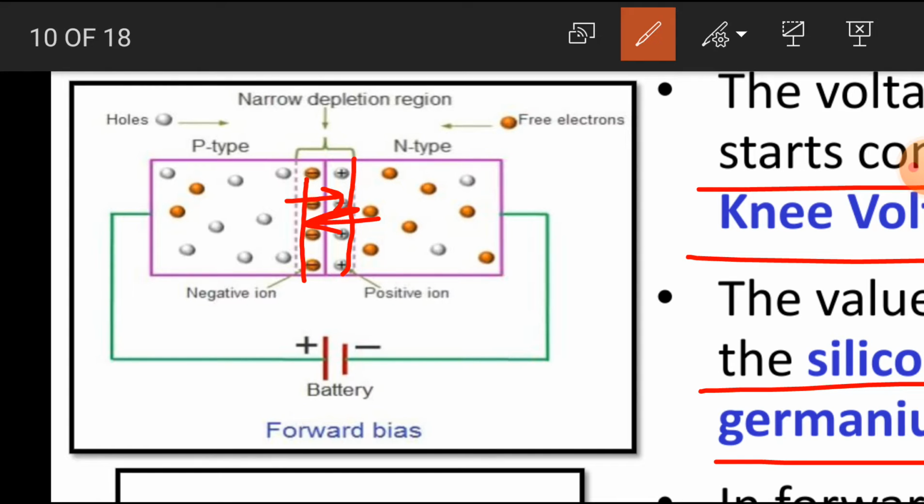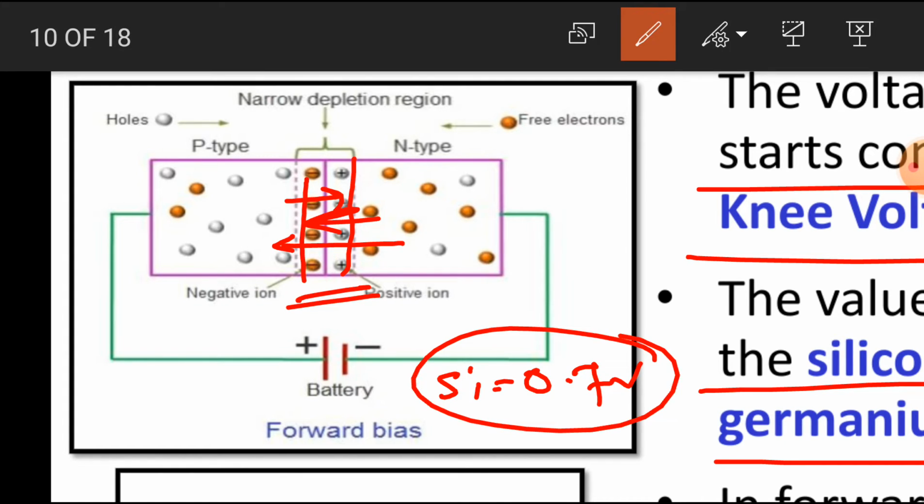Hence, what happens here? Here, the recombination of electrons and holes takes place and current starts flowing through the diode. But for silicon, the barrier potential is 0.7 volt. Hence, up to 0.7 volt, the diode does not conduct any current.